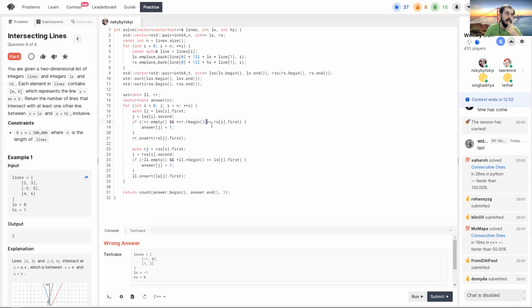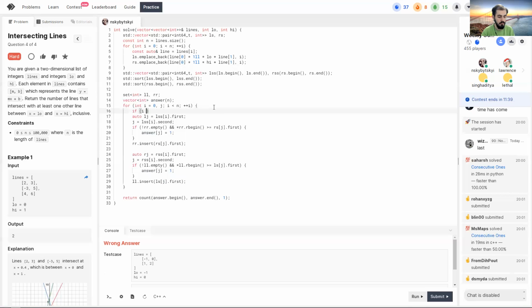If there is a pair of equal lines, then we count it. Or do we count it from both sides? Okay, let me see.